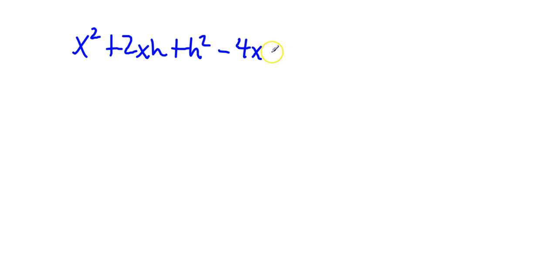Okay, so we've got x squared plus 2xh plus h squared minus, y'all help me out, 4x, was it minus 4h? There. Plus 3. Okay, so that's the f of x plus h. That's the whole thing that's there.